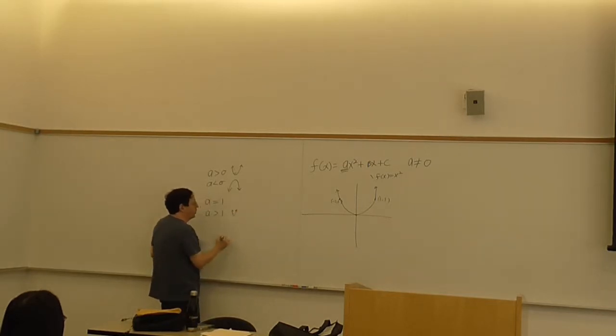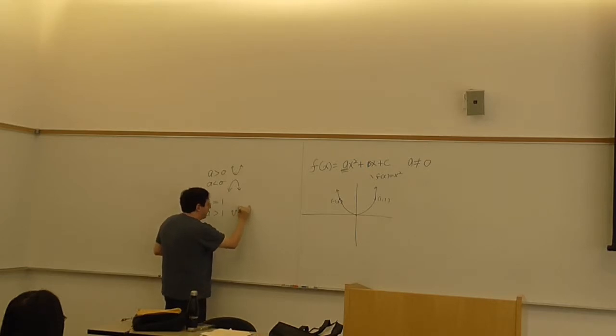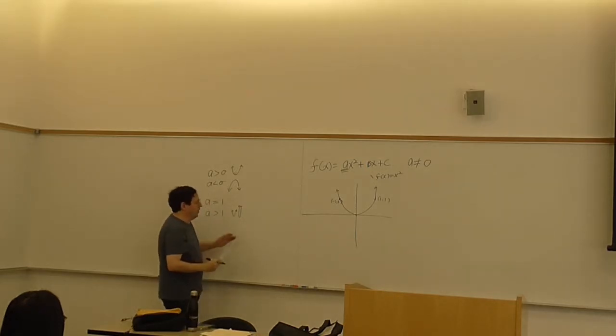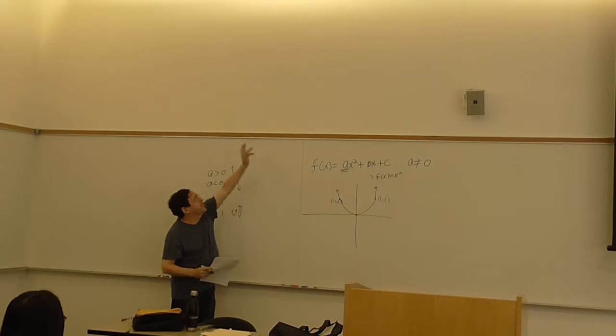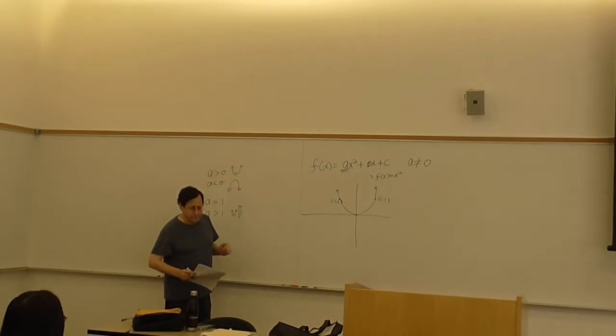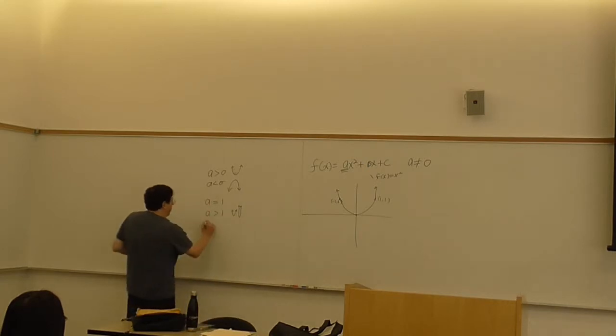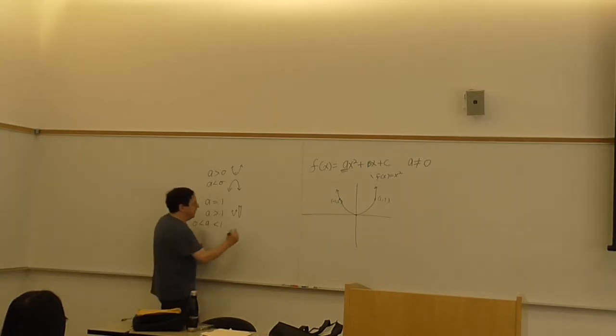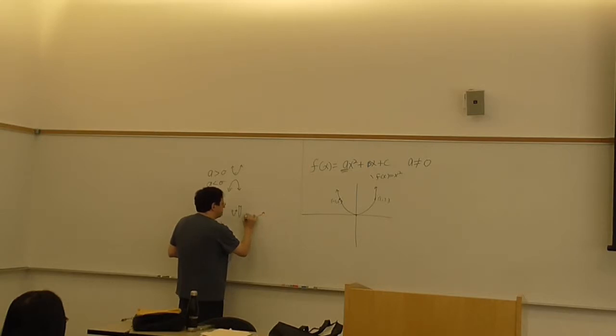It's going to be narrow, or even like this. Out here it has a value, but it's just off the blackboard somewhere. If a is less than 1, clearly greater than 0 but less than 1, then it's going to be shallower.